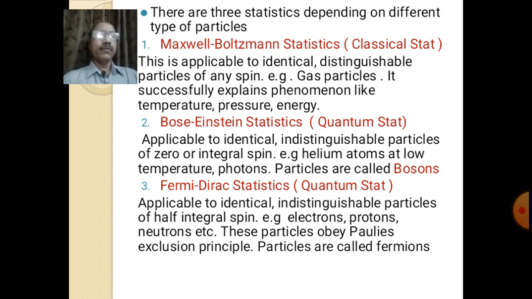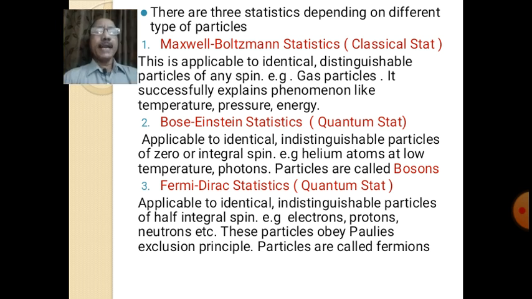Here we apply classical physics, that is energy takes continuous values. This is applicable to identical distinguishable particles of any spin. So, if there is a system of particles which are identical and distinguishable, we can distinguish between two particles. This is particle A and this is particle B, though they are identical.